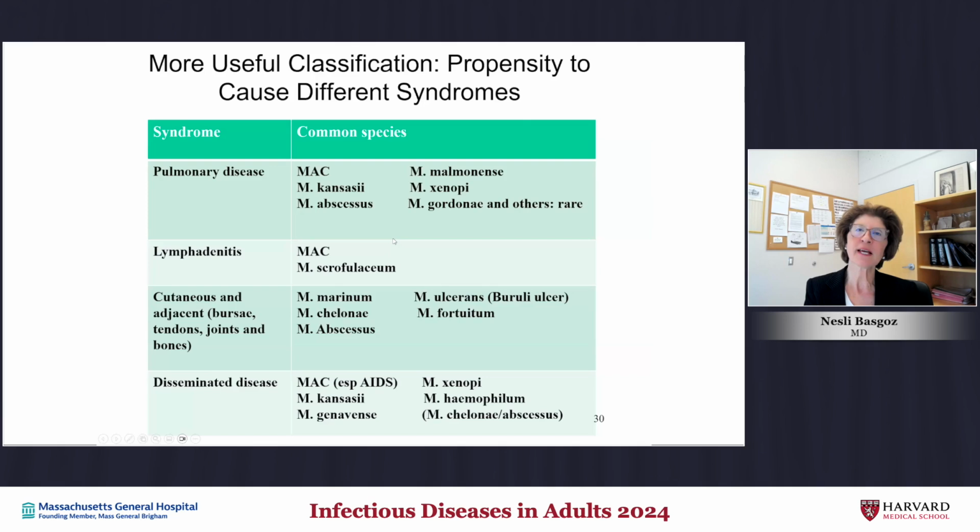Cutaneous disease and adjacent structures such as bursae, tendons, joints, and bones are often M. marinum based on exposure, or two of the rapid growers, chelonae or abscessus, also fortuitum and M. ulcerans or Buruli ulcer in the right epidemiologic setting. For disseminated disease, we worry most about MAC, kansasii, and then the rapid growers. In AIDS patients or other deeply immunocompromised, also M. genavense.